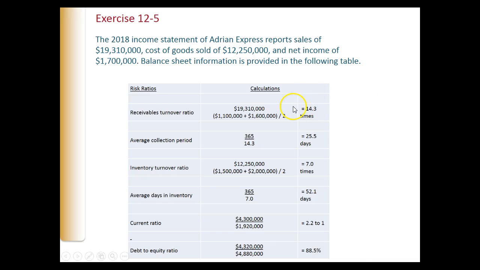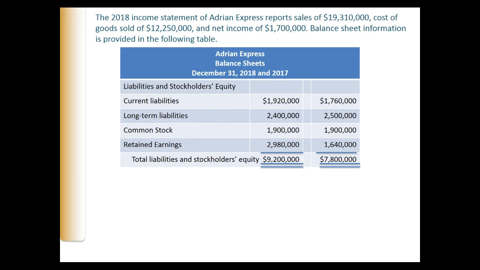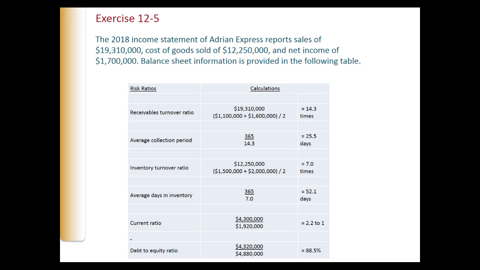Current ratio is current assets divided by current liabilities. So our current assets are going to be the $700,000 cash, the accounts receivable of $1.6 million, and your inventory of $2 million. And the current liabilities here are $1,920,000.